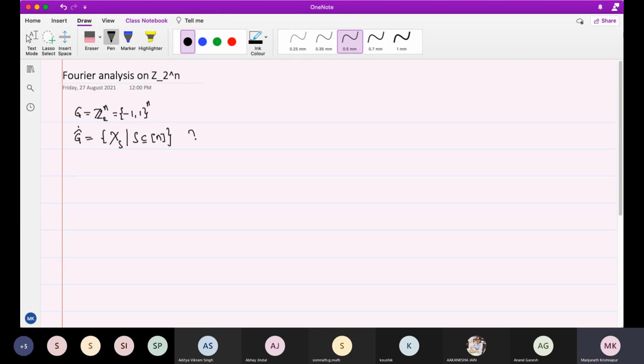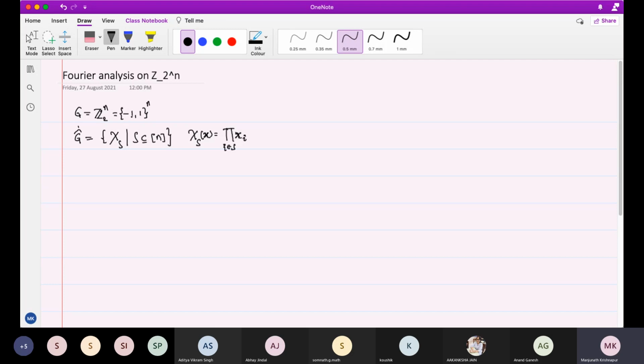And what were they? Chi S of x is the product, maybe I try to write small x here, of x_i for i in S. So if you map x to x_i, that is a homomorphism.